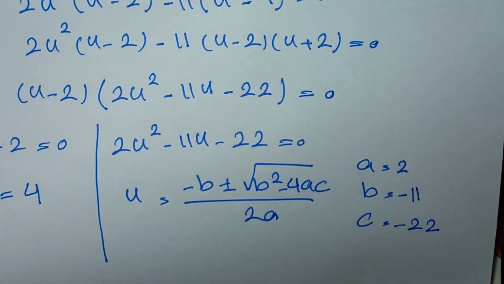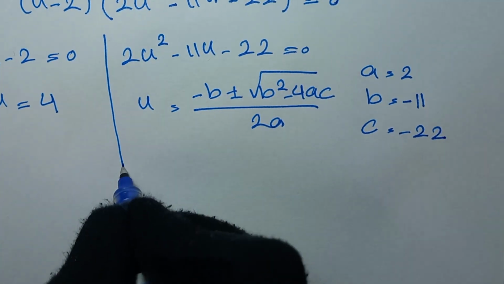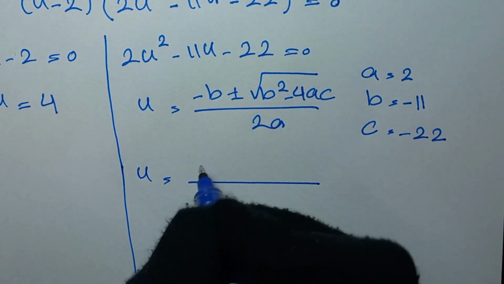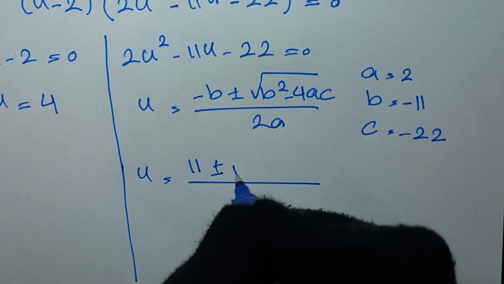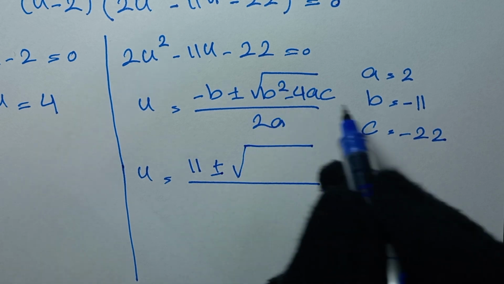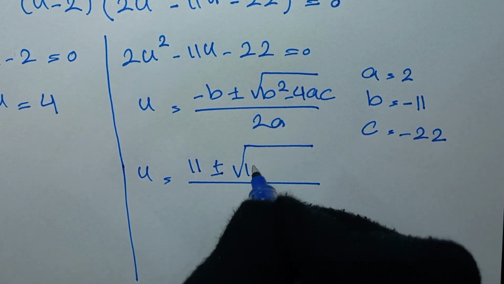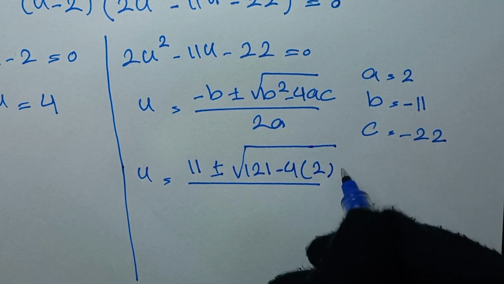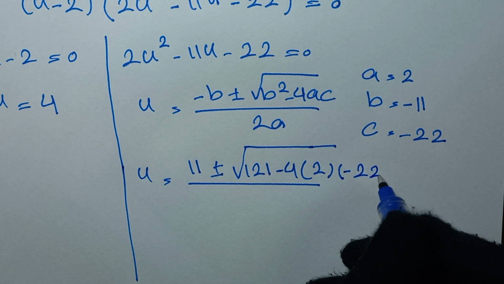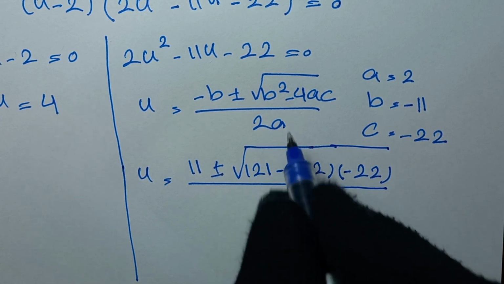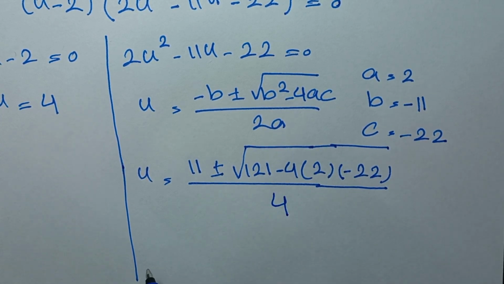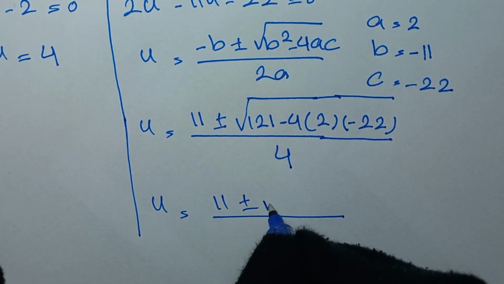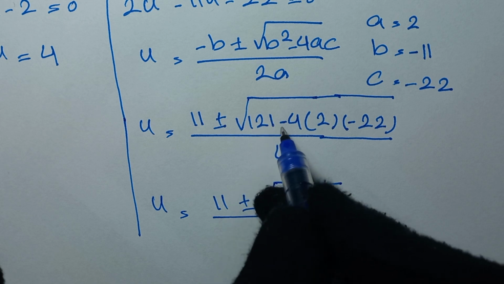And from here, u is equal to negative b, negative 11, it will be positive 11 plus or minus square root of b squared, negative 11 squared is 121, minus 4ac. 4 times a is 2, and times c is negative 22, over 2a. 2a is 4. And u is equal to 11 plus or minus square root of 121.